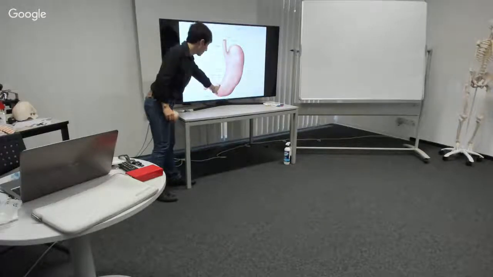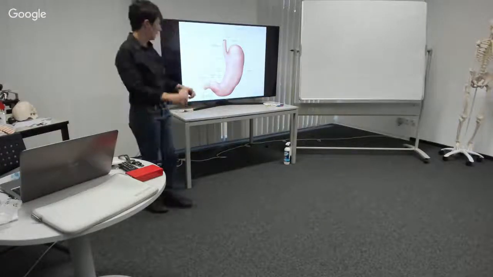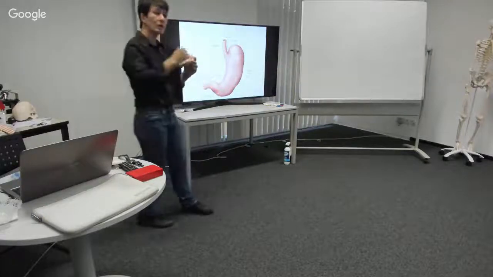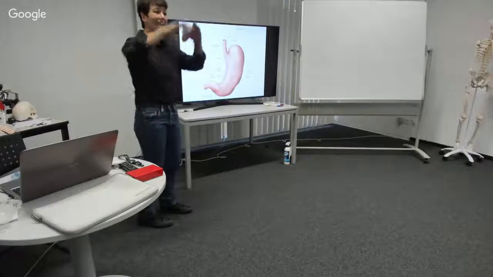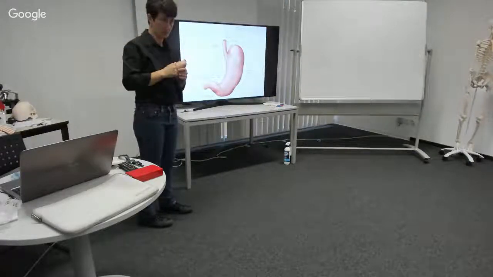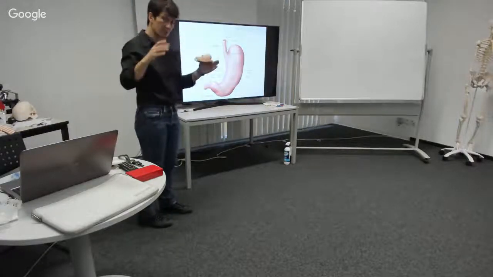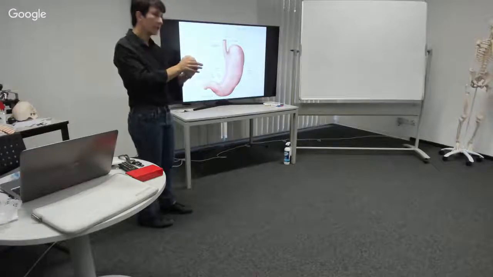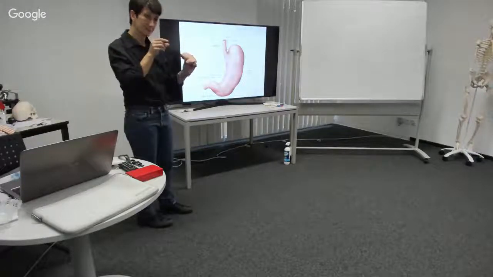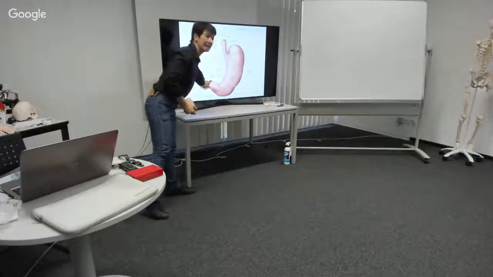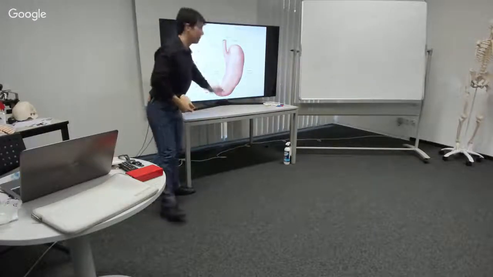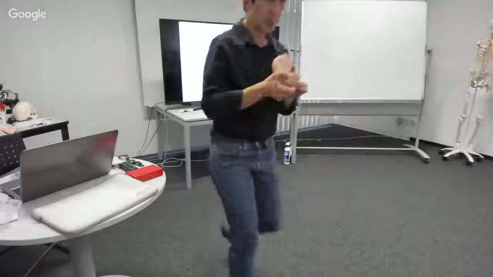And so we first have the pyloric antrum, which is like a cave. Okay, pyloric antrum, and then the pyloric canal, this restricted part, follows, and it ends with the pylorus, which is a sphincter.